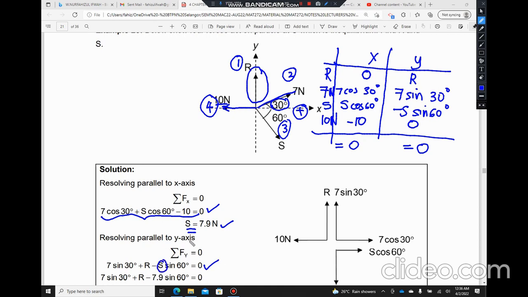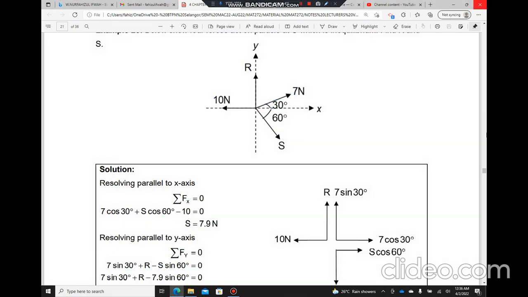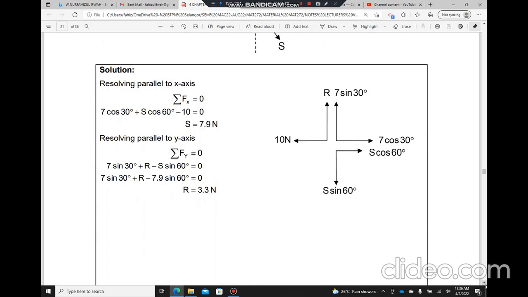So S we can substitute with 7.9, so we can solve for R. So sebenarnya kalau kita nak kira X component and Y component, lebih senang kita guna dalam bentuk table supaya kita nampak kan. Okay, so we get the solution for S and R.